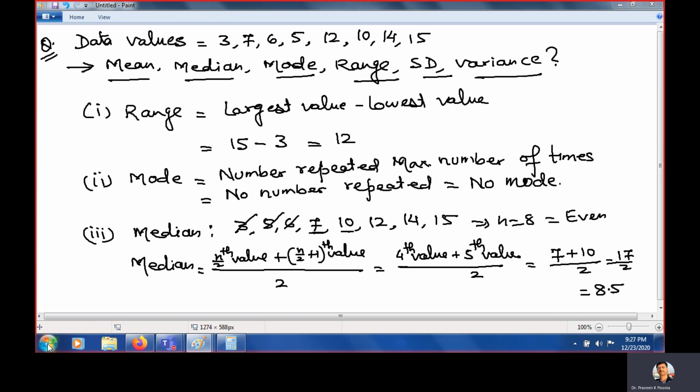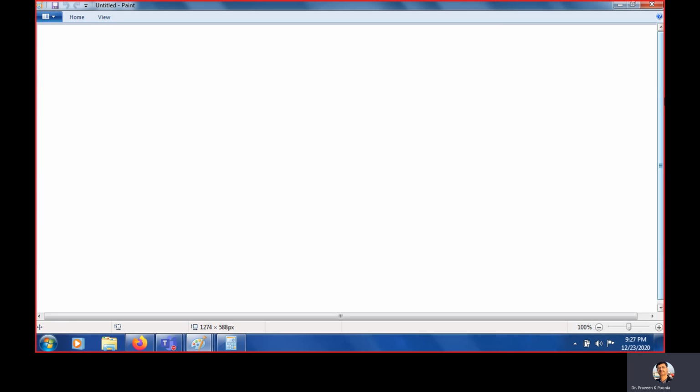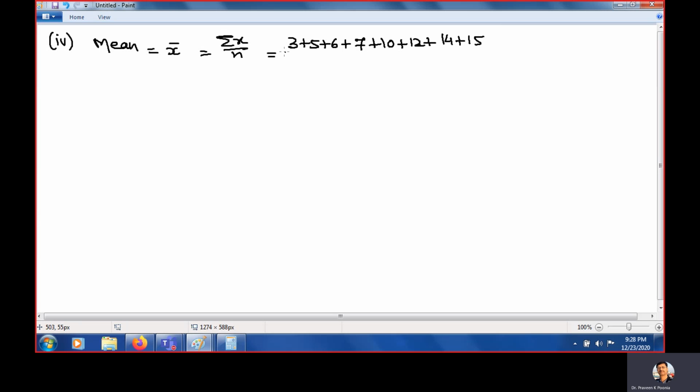Okay. Now we'll move to the fourth thing. What is the fourth thing? It is mean. Mean is how much? Let us write the notation x bar, and it is sigma x upon n. You just write 3 plus 5 plus 6 plus 7 plus 10 plus 12 plus 14 plus 15 upon how many numbers are there?